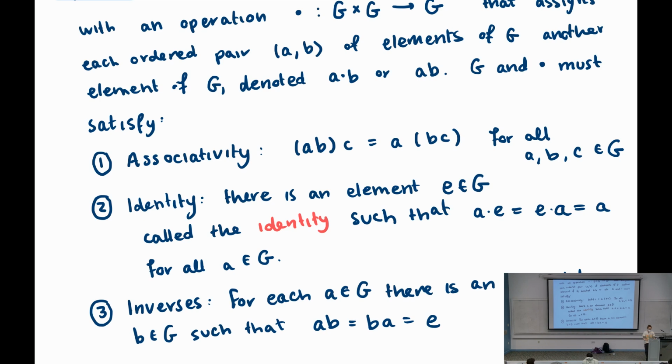So every element of G has something that we can multiply by it to get back to the identity.